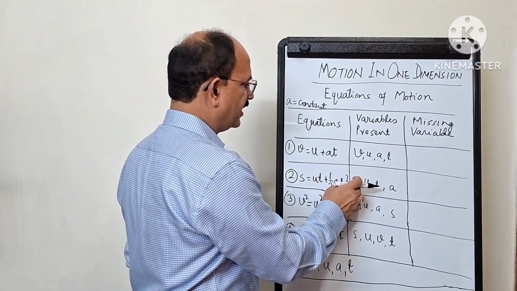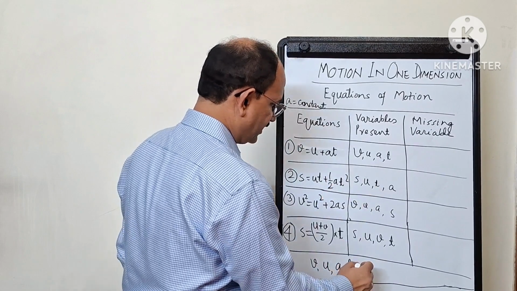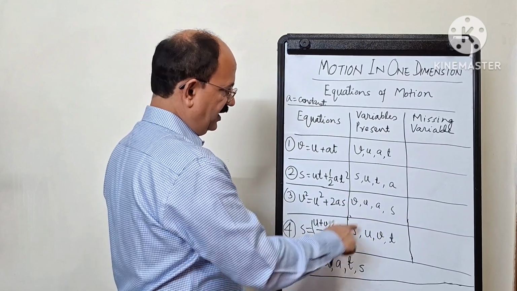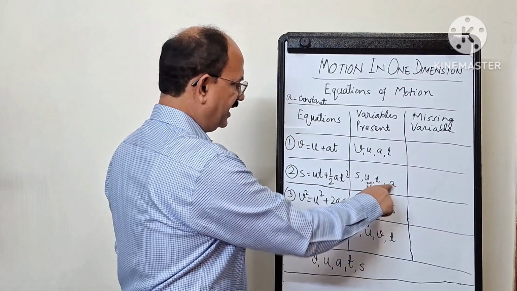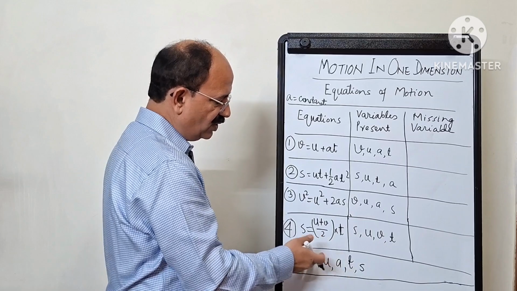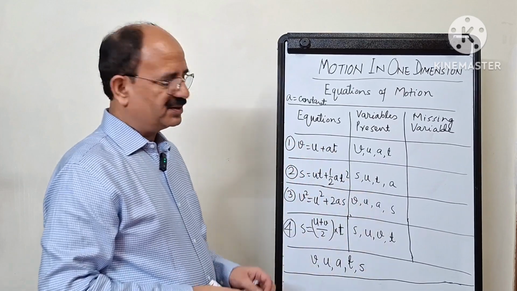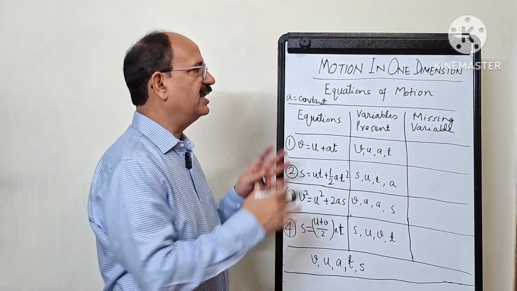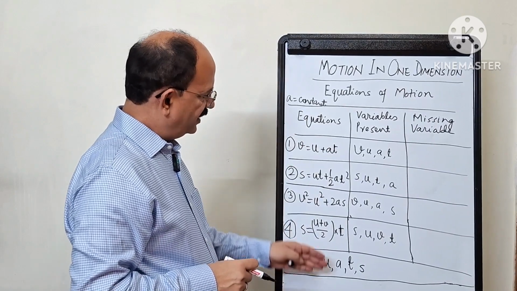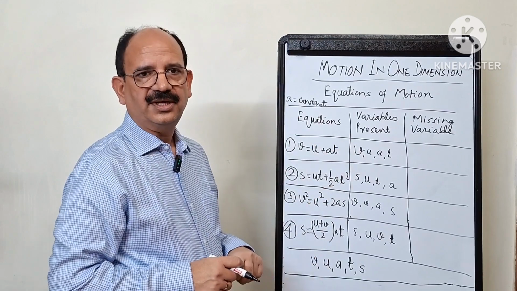In the next set, it is s, and u, t and a get repeated. If you look at the other equations also, only these variables will appear. So there are a total of 5 variables dealing with equations of motion, and in any equation, 4 variables are involved.